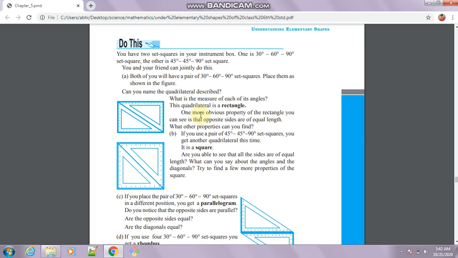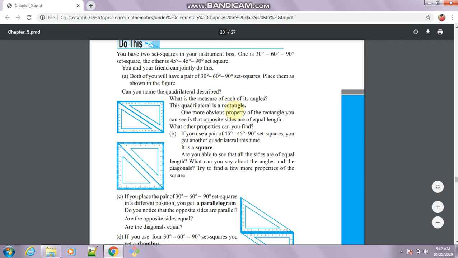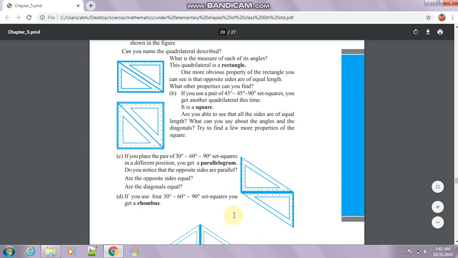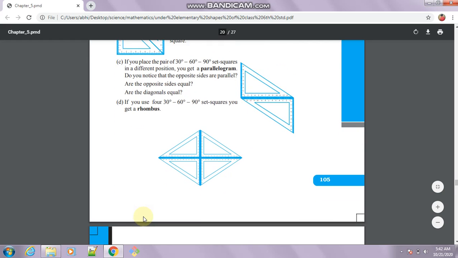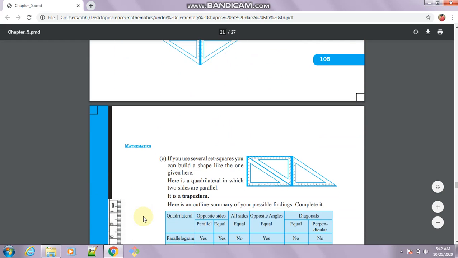You are aware of the figures that have four sides. Here see a rectangle, square, parallelogram, rhombus. Okay, students, these are the figures we represent, and trapezium.